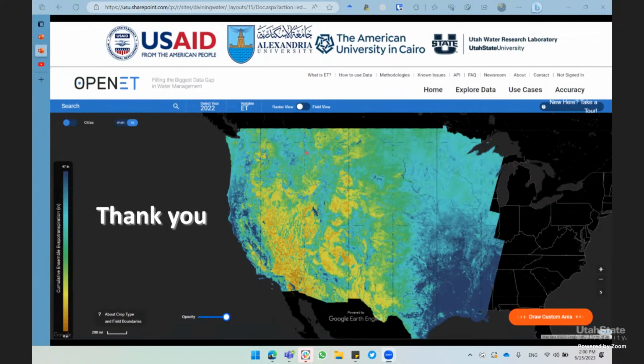So what you're seeing in this presentation is the operational implementation of remote sensing ET models available to anybody in the US free of charge. This is because these models have been validated against eddy covariance and lysimeters across the US.